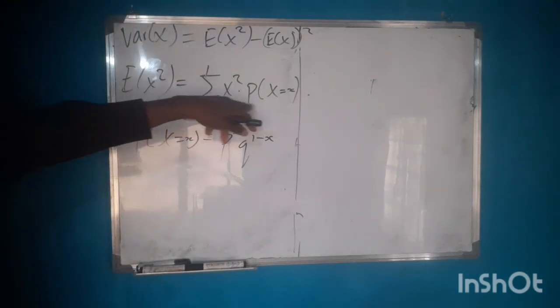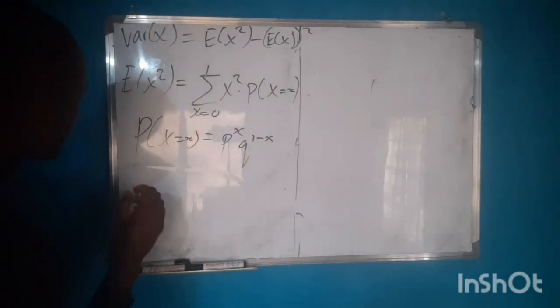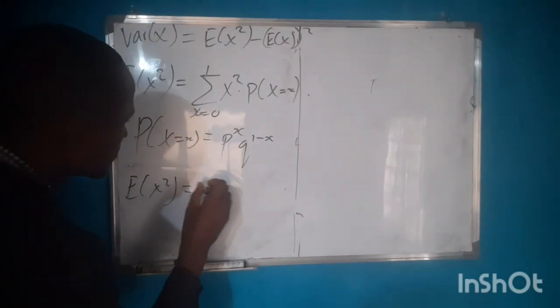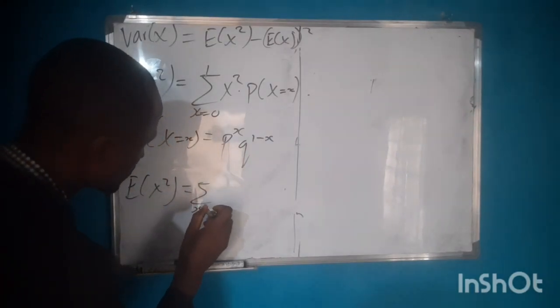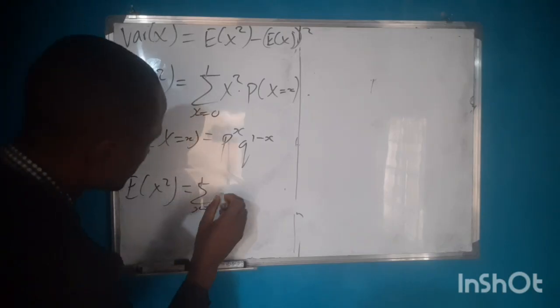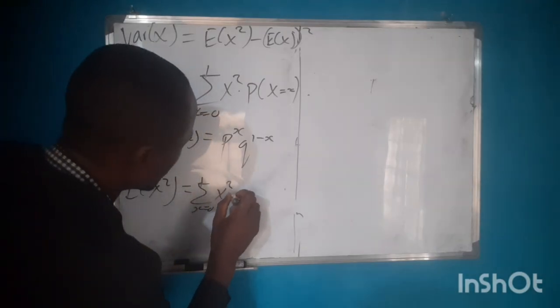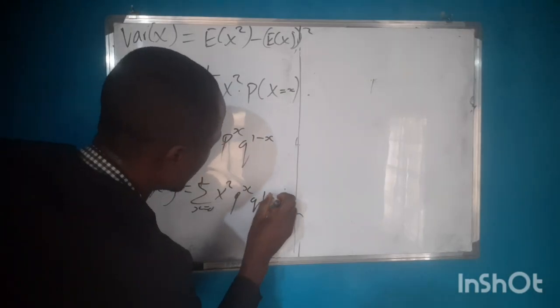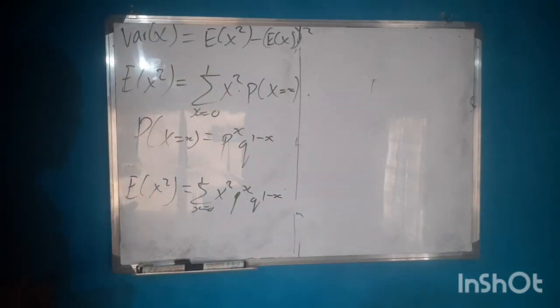So, putting this in, we have the expected value of x squared to be the summation as x runs from 0 to 1 of x squared p raised to power x, q raised to power 1 minus x.